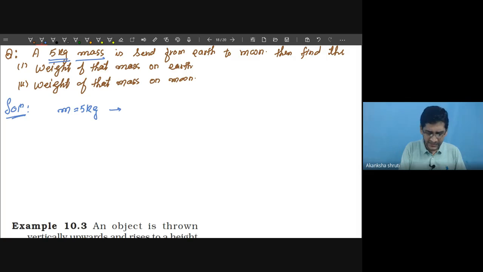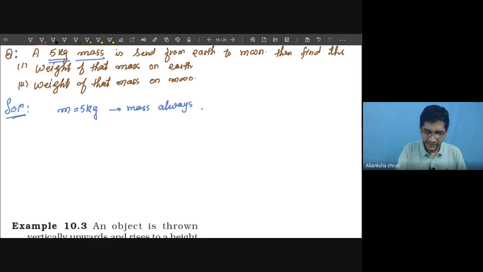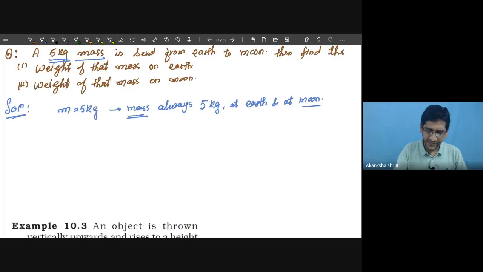So mass is always 5 kg, both at earth and at moon. Mass will never change, but weight will.